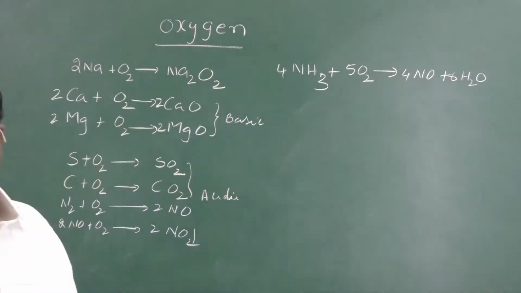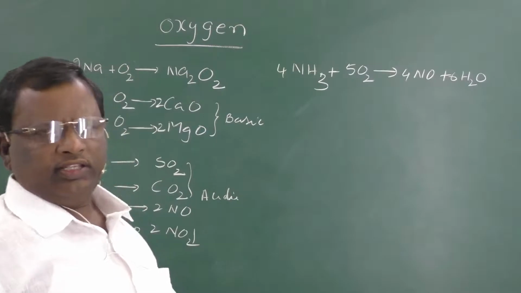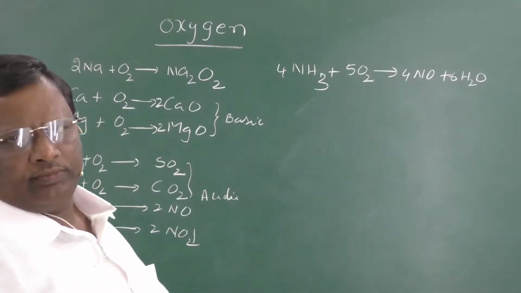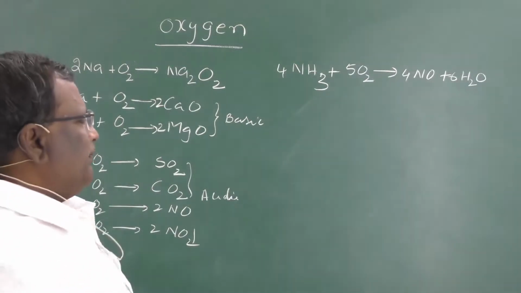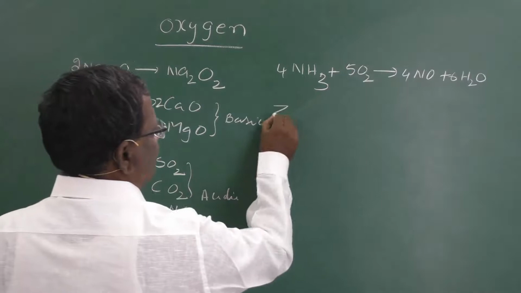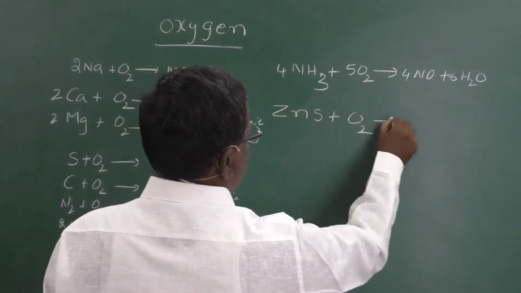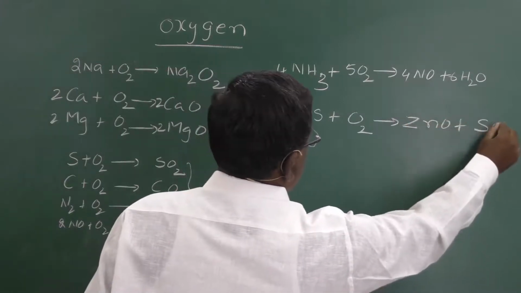Ammonia reacts with oxygen to give nitric oxide and water. This is the initial reaction in the preparation of nitric acid. Similarly, zinc sulfide, when it reacts with oxygen, forms zinc oxide and SO2.